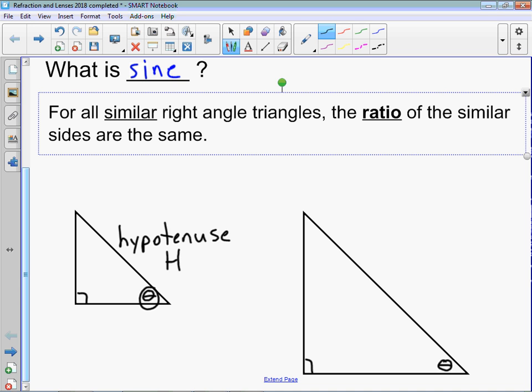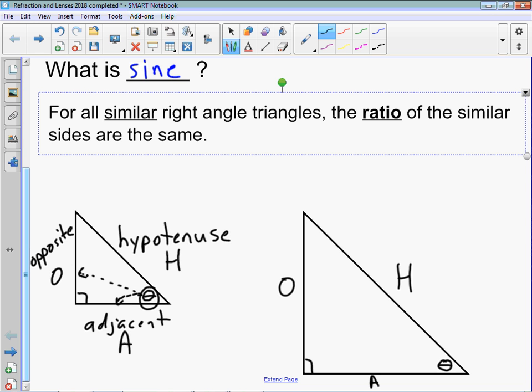Just give it a symbol of H. The side opposite to our angle, we'll just call the opposite side, or O. And the side that's next to or adjacent to the angle, we're going to call the adjacent side, or A. Same thing with this triangle here: a different hypotenuse, because it's a much larger triangle, a different adjacent side, and a different opposite side.